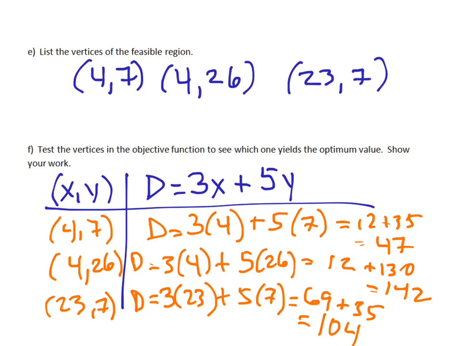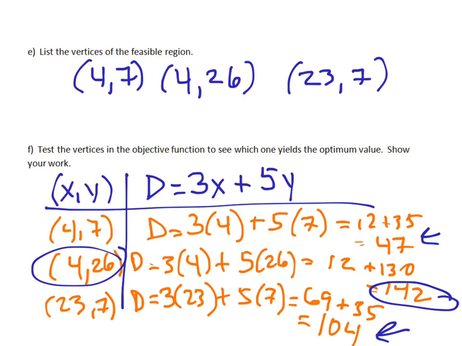So the maximum value is going to be that 142. It's the largest out of the three donation amounts. And then the maximum value occurs at 4, 26.